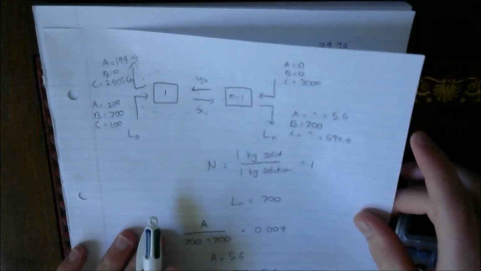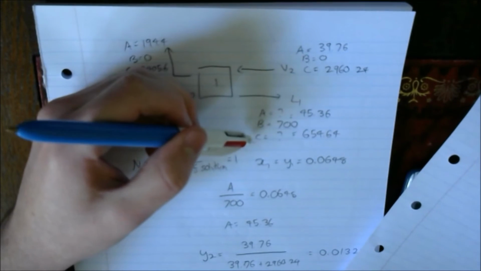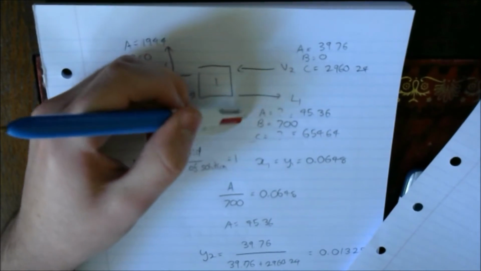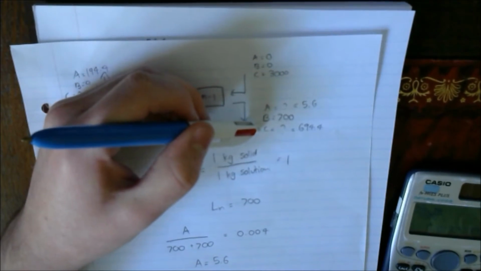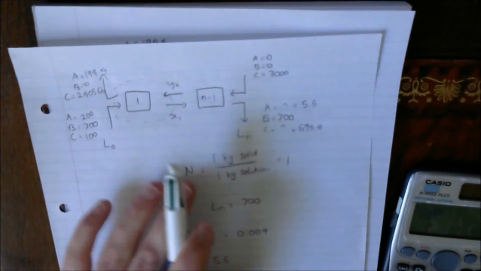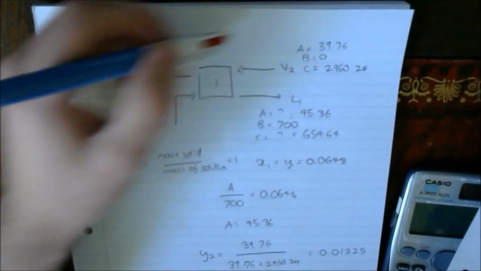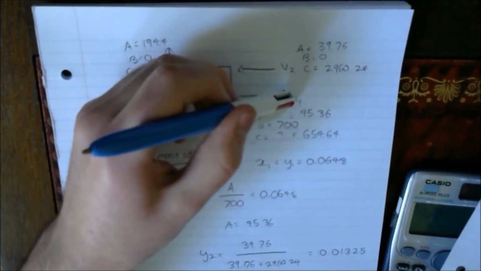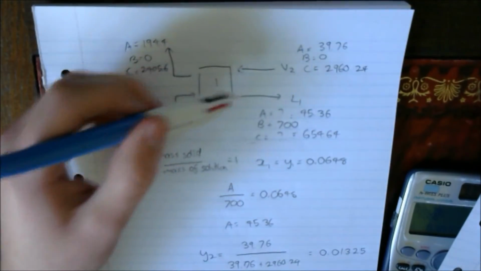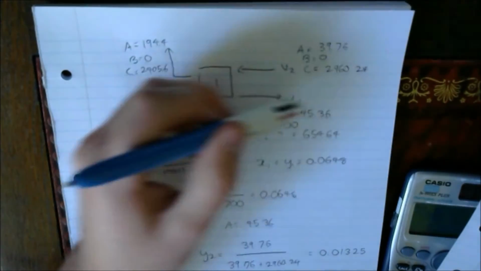And if you look at the underflow streams, here we've got 700 kilograms of solution in this underflow stream, and we've still got 700 kilograms of solution in this final underflow stream as well. So all that's telling us is that V, in other words the amount of solution in the overflow, is actually staying constant throughout all these stages, and this L is also staying constant. Apart from this first stage where it's different, but from 1 to n, L was also staying constant.